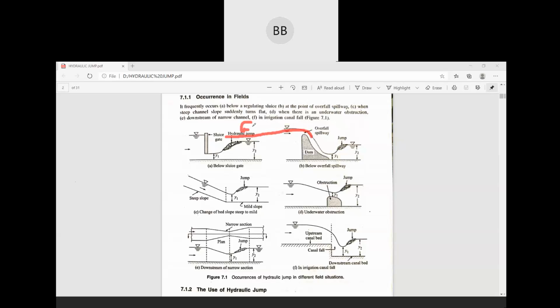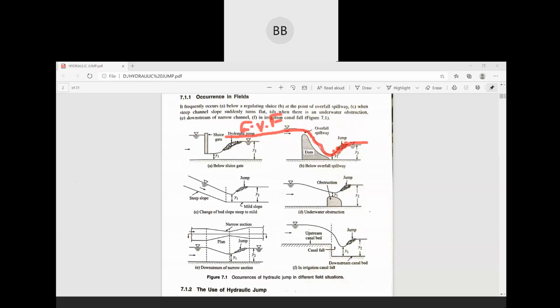Here it is gradually varied flow. And in the downstream section, when water falls from a very high head, it strikes and then the water jumps.